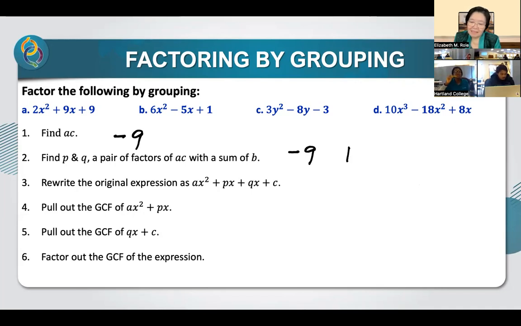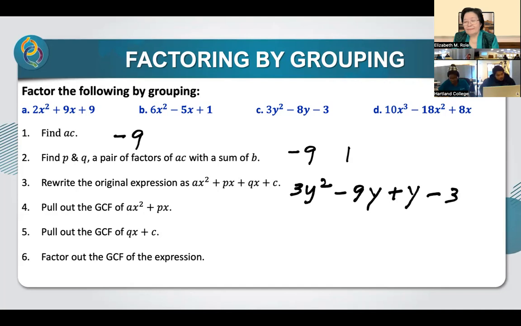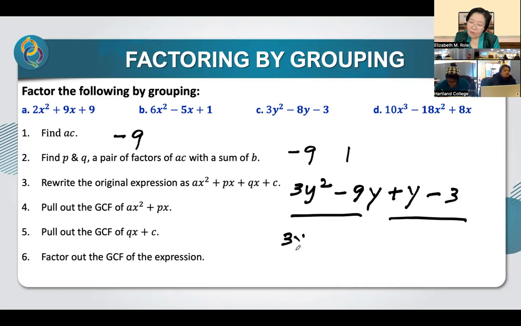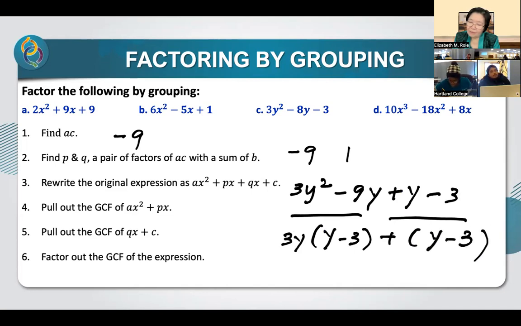Yes, and then you can now just put 3y squared minus 9y plus y minus 3. I'm using y instead of x. You now have 3y is common: 3y times y minus 3, plus y minus 3.